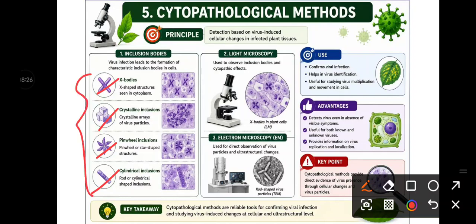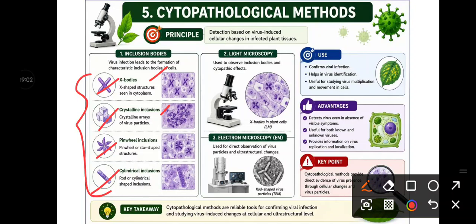Based on shape they are named accordingly, like X bodies, crystalline inclusion body if it produces a crystalline array, pinwheel inclusion if it produces a star shaped or pinwheel structure, and cylindrical inclusion bodies if it forms a cylinder or rod shaped structure. These are different types of inclusion bodies produced by viruses, and they are produced by specific viruses only.